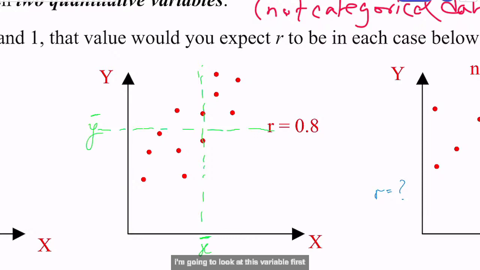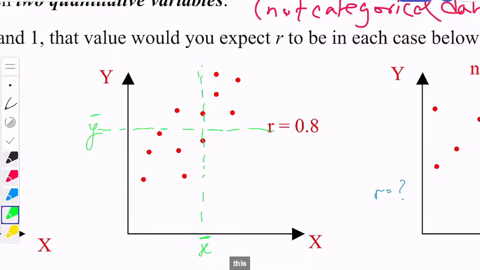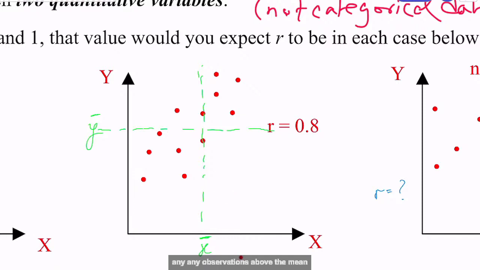I'm going to look at this variable first, X, and I'm going to call any observations above the mean as high and below the mean as low. And similarly in this direction, I'm going to refer to the region above the mean of y bar as high and below the mean of y bar as low.